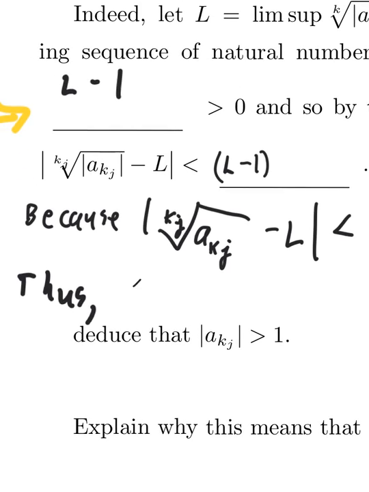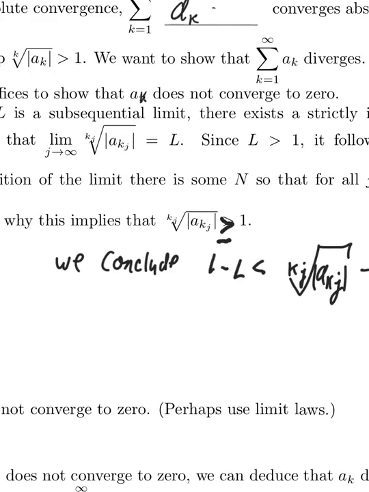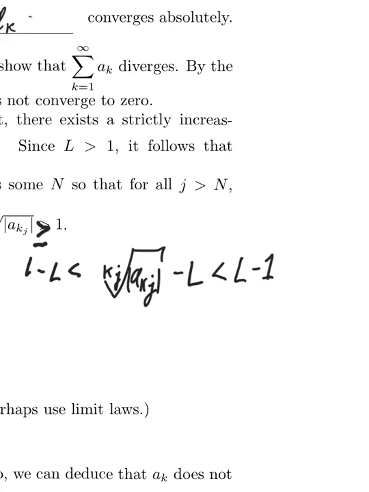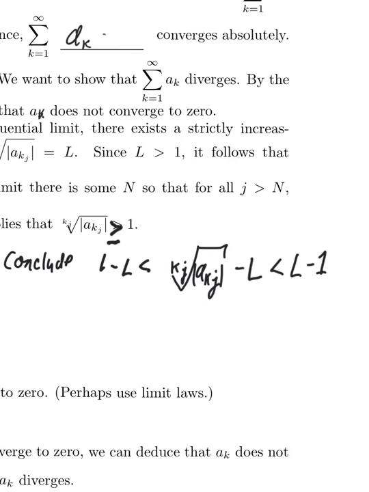Thus, we get 1 is less than the k sub jth root of absolute a sub k sub j, and on the other side, I'm adding L, so I'll get 2L minus 1.